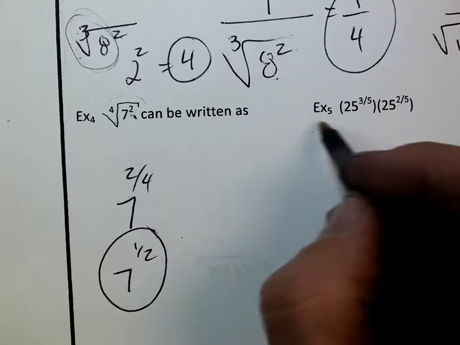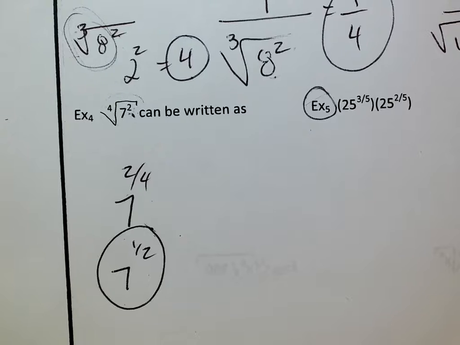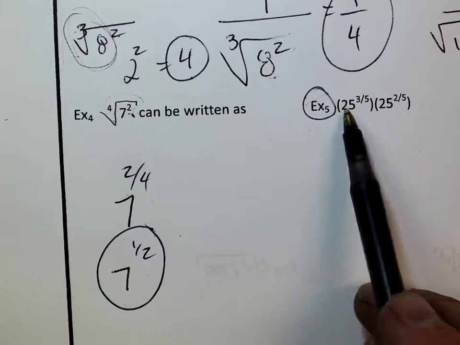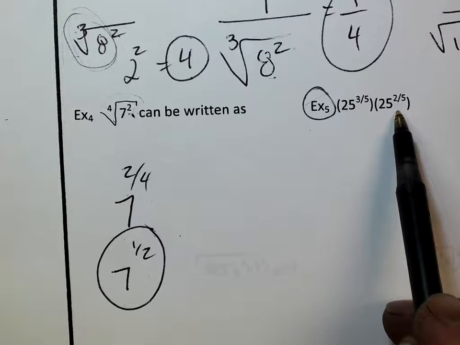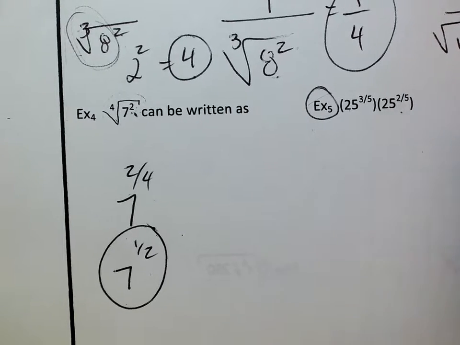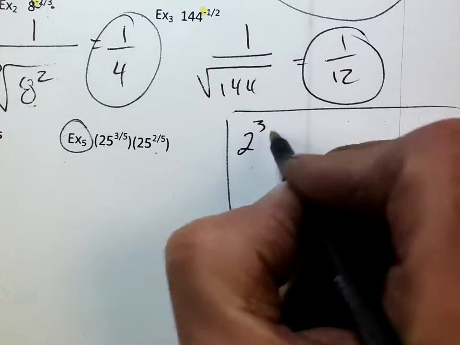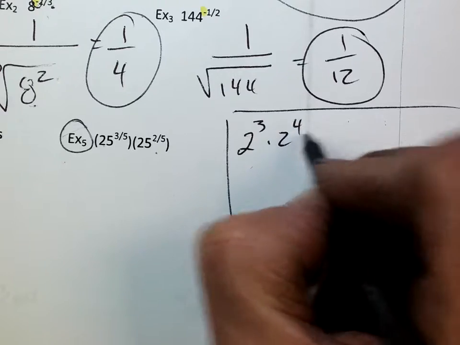Now, example 5. I like example 5, and I want to be real careful with it. A lot of people are going to want to go 25 times 25. You don't do that. And let me show you a really easy example of why. If you had just a little side work here, 2 to the 3rd times 2 to the 4th.